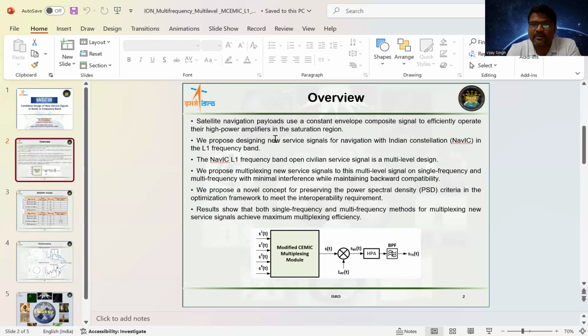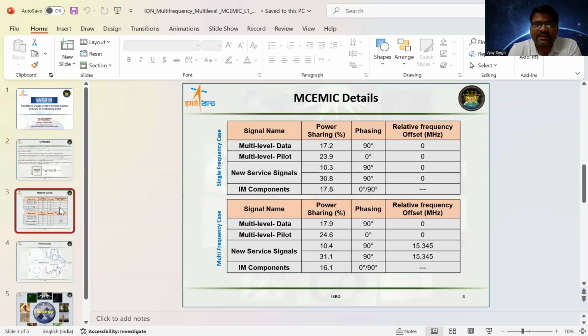Moreover, we have devised a new technique using a power spectral density preservation criterion, because many times a certain PSD requirement must be met. We use the PSD criterion in this optimization framework so that our transmitted signal is efficient as well as following the PSD requirement. Overall, we have devised many techniques, but the most optimum one for the single frequency and multi-frequency cases is tabulated below.